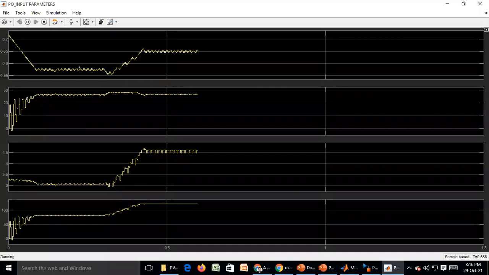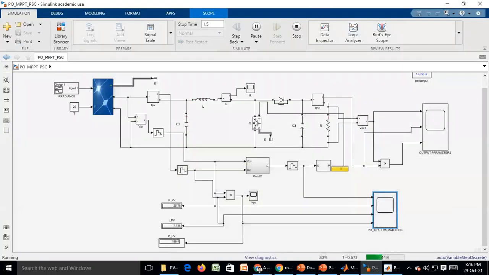Try to see the duty cycle: earlier it was constant, you had taken 0.7, but now up to 0.3 seconds it is something, then from 0.3 to 0.4 something else, and you see accordingly how it is varying. Try to observe: one is connected to the PWM signals, one to voltage, one to current, one to power.